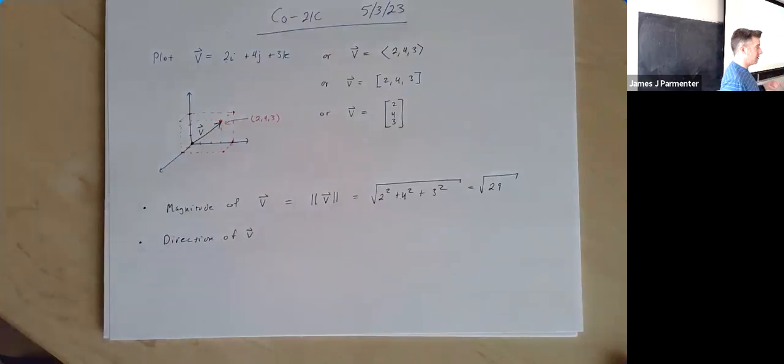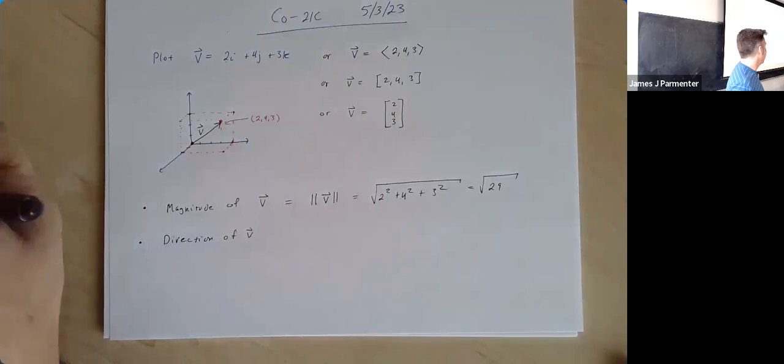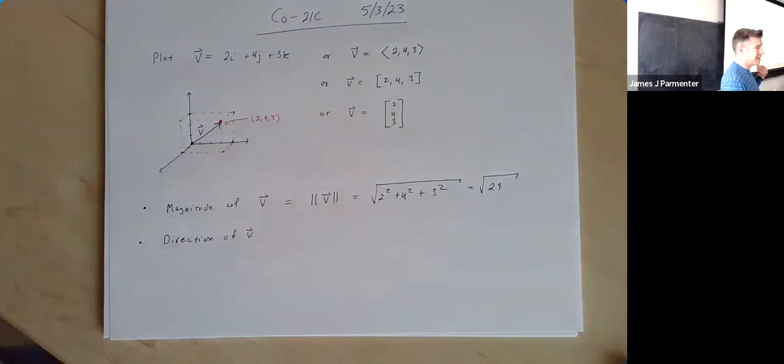I personally would say that this vector is in the direction of 2i plus 4j plus 3k. But the problem is that you might give a different answer that is equally valid. You might say, well, James, multiply everything by 2, you're still pointing in the same direction. Or multiply everything by 32, you're still pointing in the same direction. If someone asks for the direction, we'd really like everyone to give the same answer.